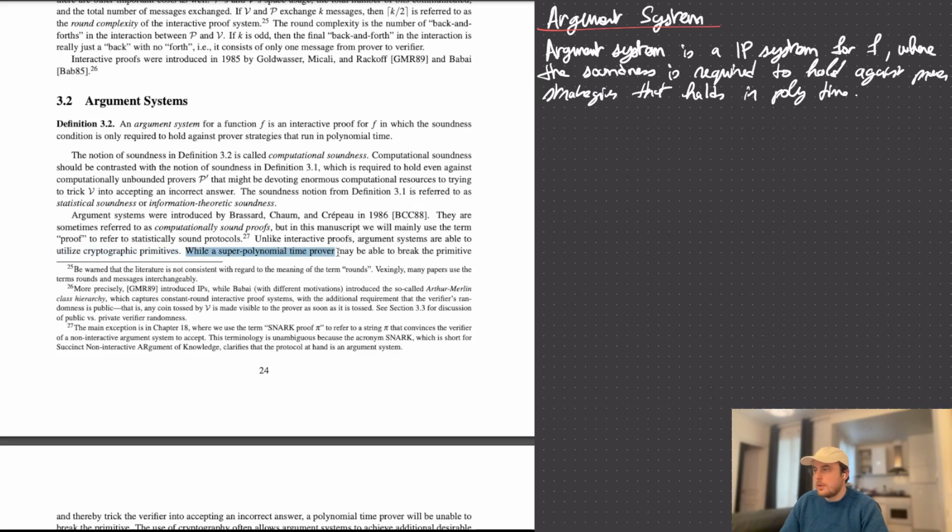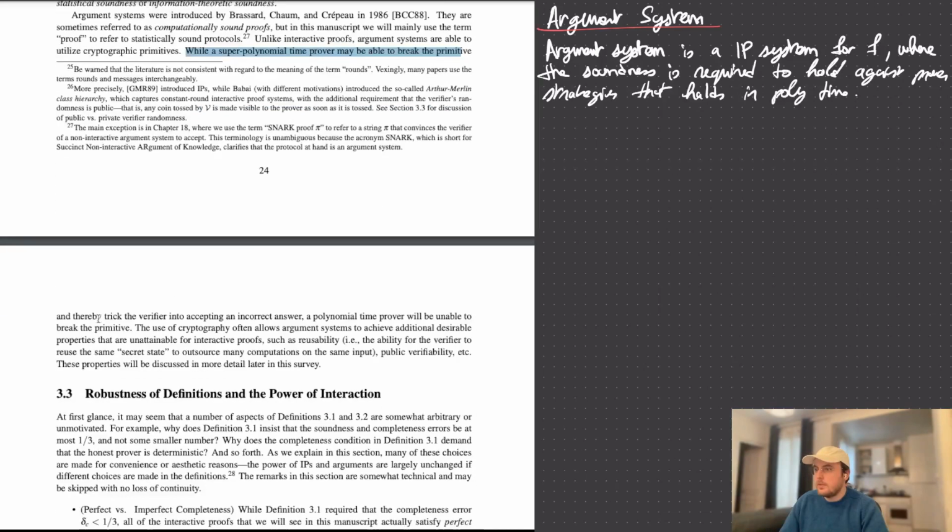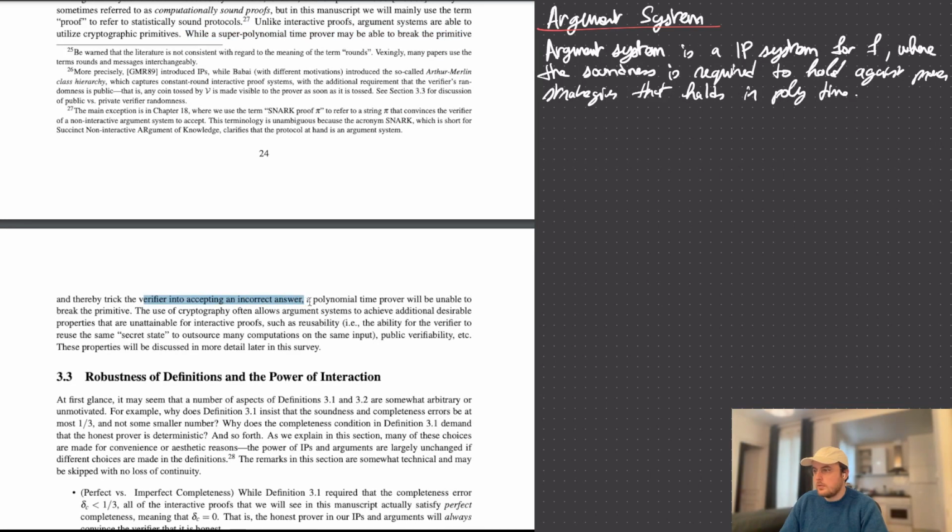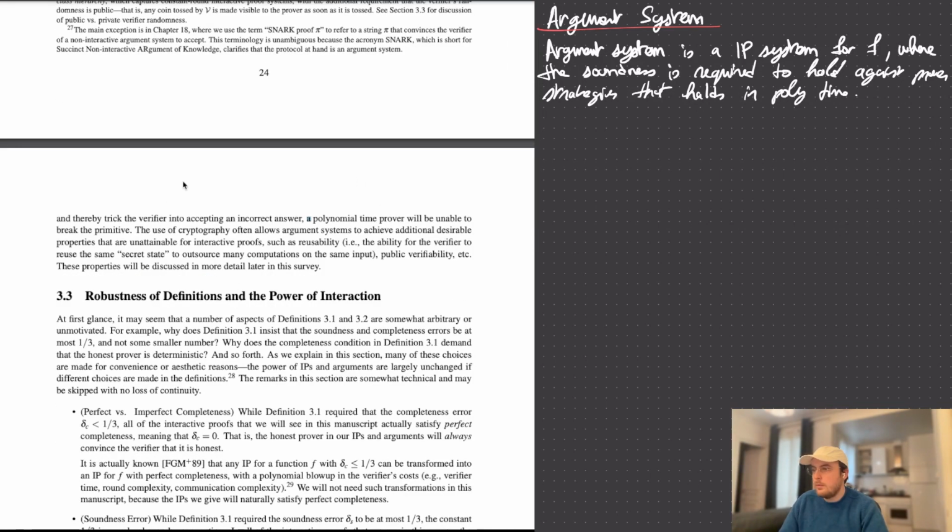While a super-polynomial time prover may be able to break the primitive and thereby trick the verifier into accepting an incorrect answer, a polynomial time prover will be unable to break the primitive. The use of cryptography often allows argument systems to achieve desirable properties that are unattainable for interactive proofs, such as reusability, the ability for the verifier to use the same secret state to outsource many computations on the same input, public verifiability, etc. These properties will be discussed later in the survey.